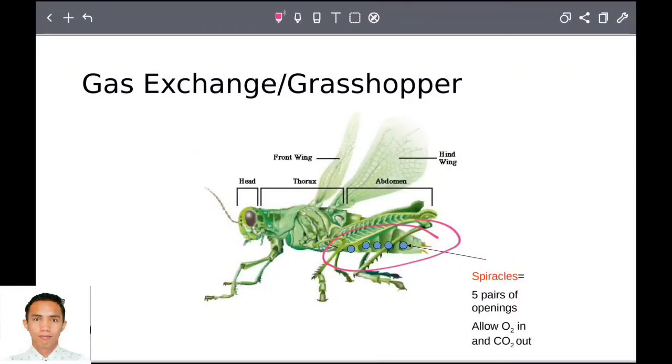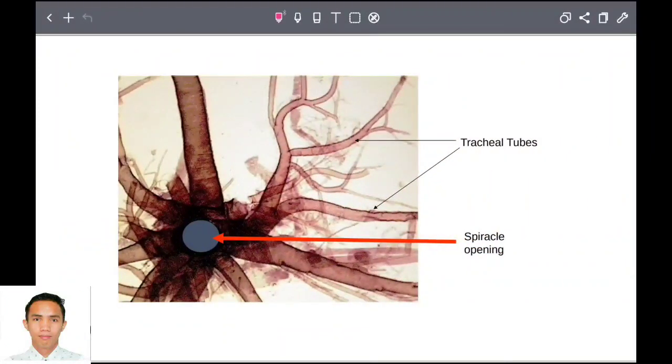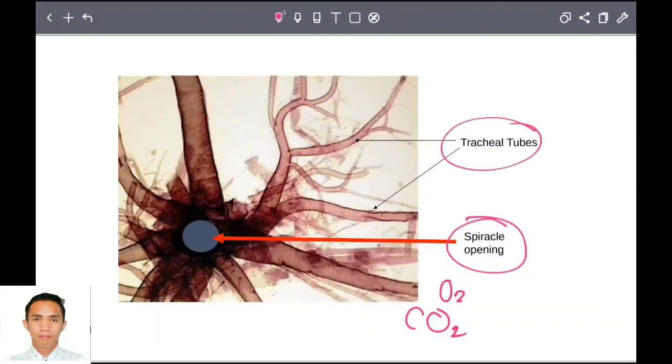To transport the oxygen to the body, we have tracheal tubes.